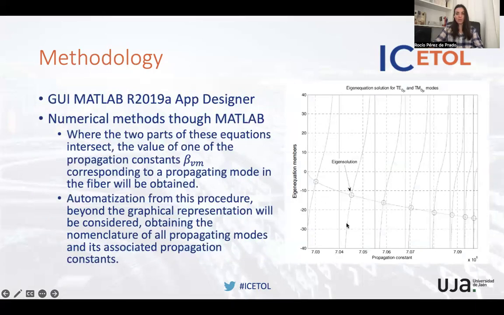Here we have this part of the equation, which corresponds to these vertical curves, and then we have the other terms of the equation as this horizontal curve. This would be the case for those modes with first index 0, TE or TM modes. When we find an intersection, we're finding a possible value for beta.